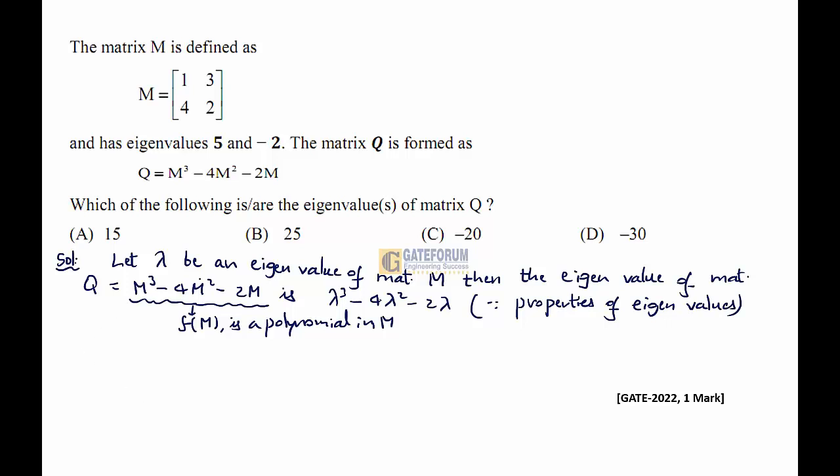Now for a 2 by 2 matrix M, automatically Q is also a 2 by 2 matrix, so it has two eigenvalues. For each given lambda, we have to find the corresponding eigenvalue of the matrix Q. For lambda equal to 5: lambda cube minus 4 lambda square minus 2 lambda is 5 cube, 125, minus 4 into 5 square, 100, minus 2 into 5, 10. So this is 15.